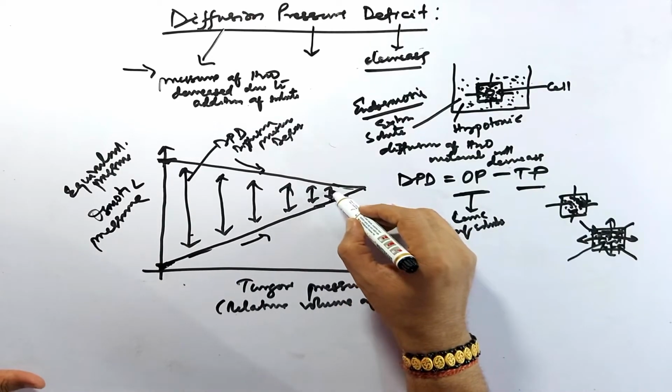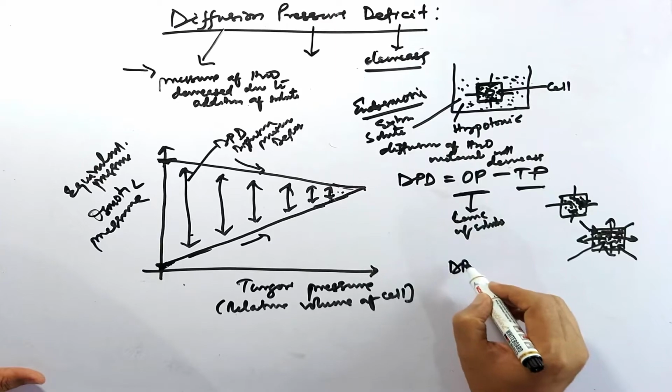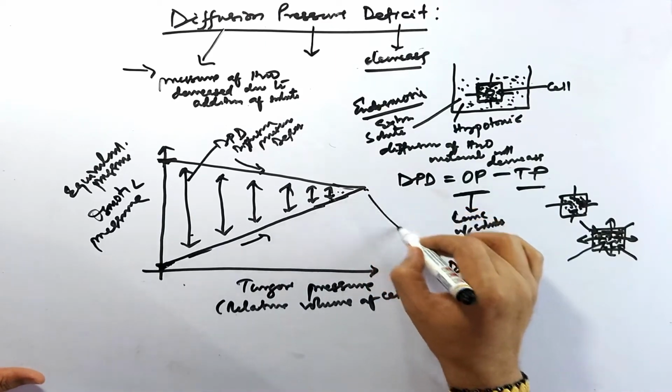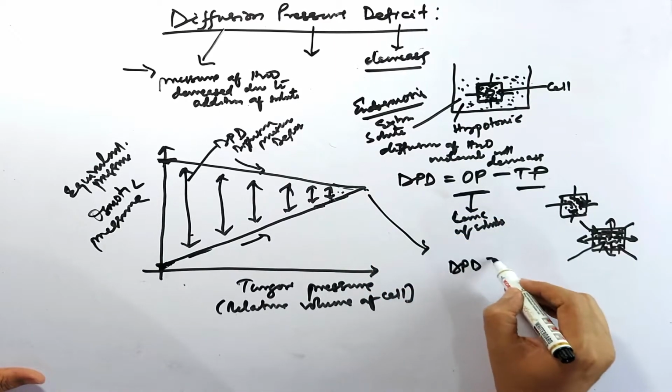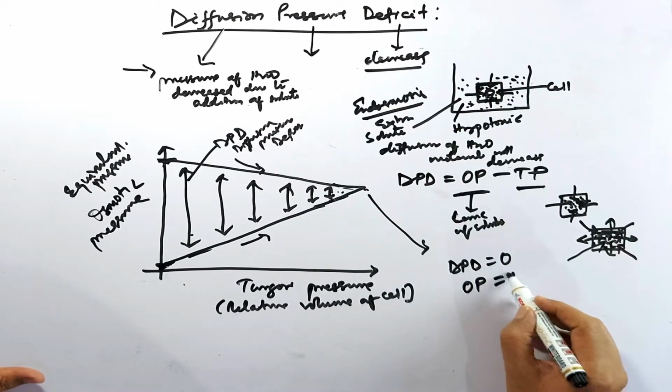In this way the difference gradually reaches DPD equals 0, that is, OP is equal to TP.